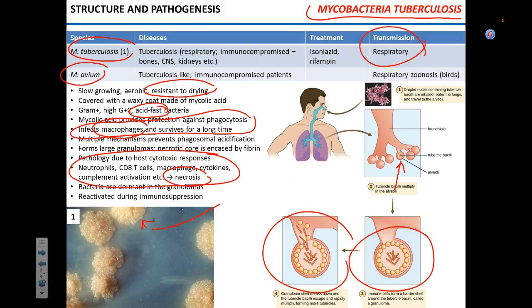So that ongoing necrosis and ongoing inflammation eventually lead to the formation of a barrier composed of immune cells and fibrin coating, and sometimes it's called a granuloma with a necrotic core. So that's the necrotic core. That's the coating. This granuloma, step number 2, over here. Can you see that step number 2?